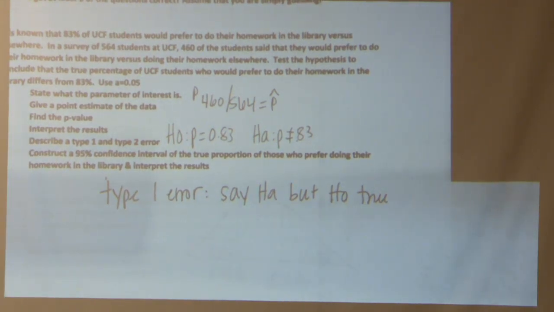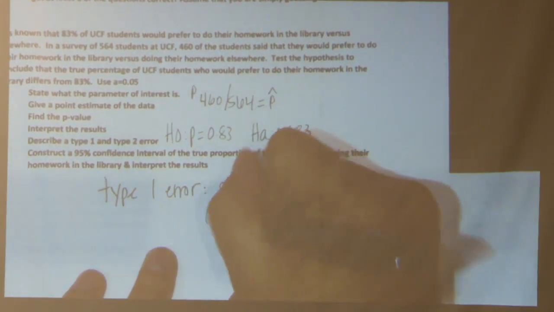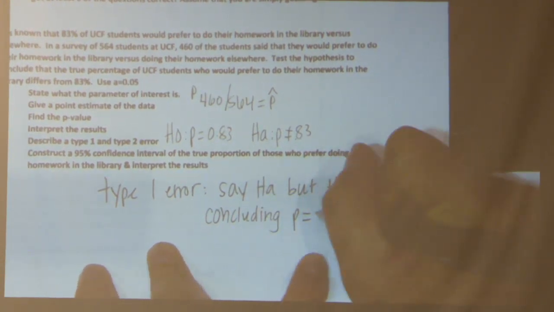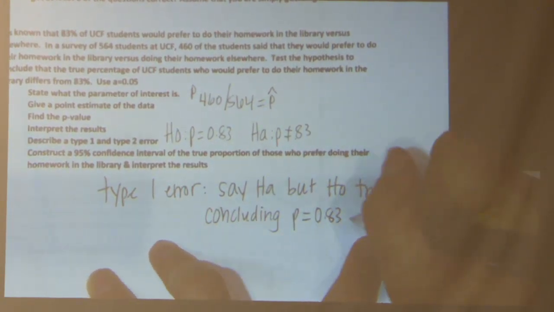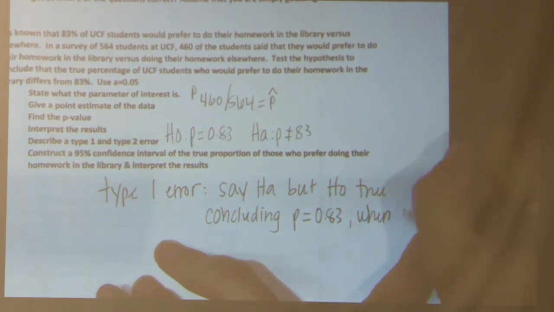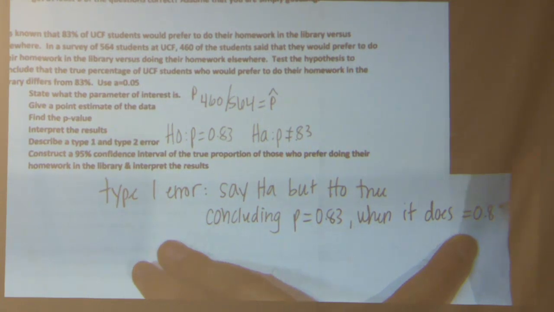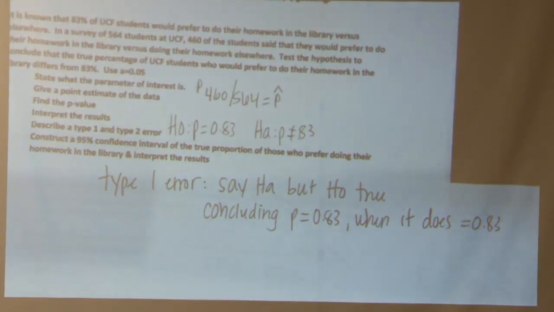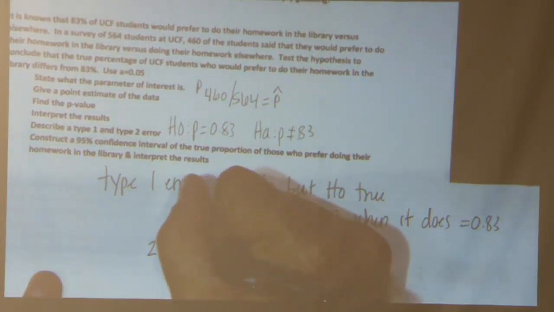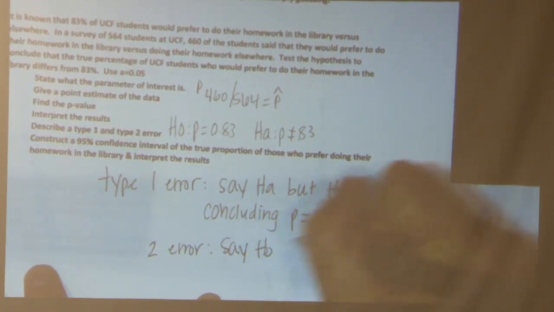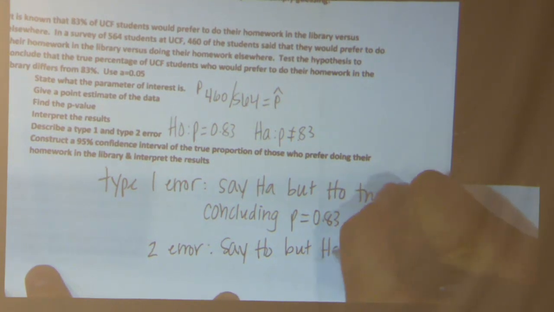So in this case, we would be concluding that p does not equal 0.83 when it does. And then a type 2 error is just going to be the opposite. So saying the null is true, but the alternative is true.